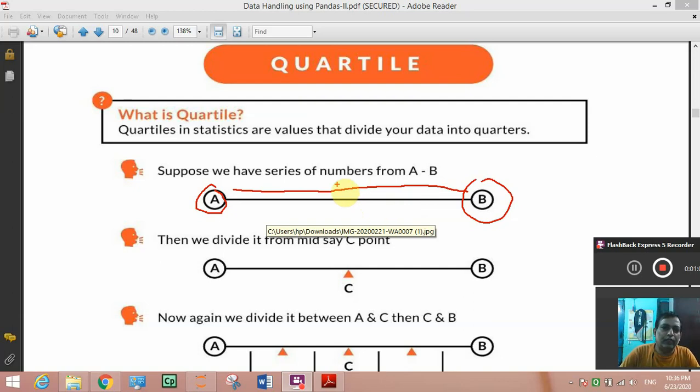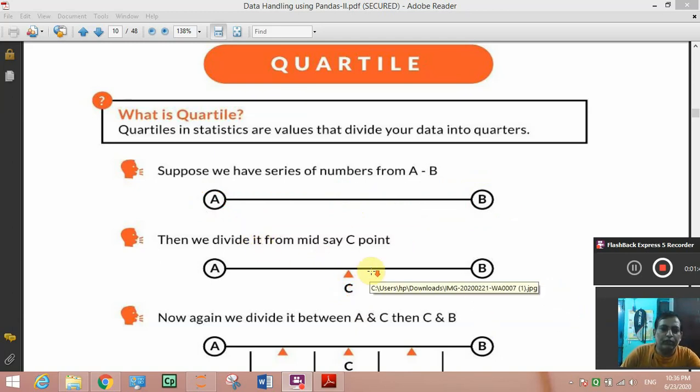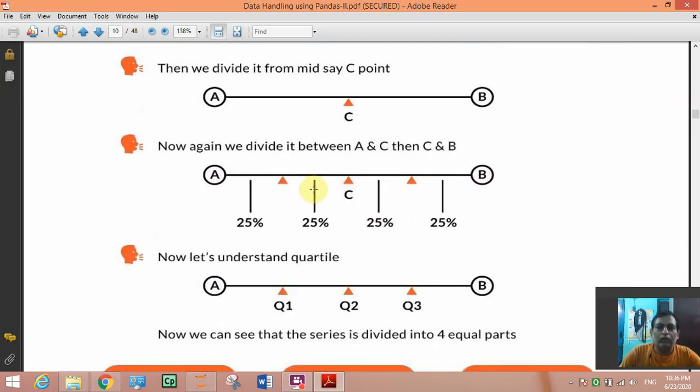So if we divide this data in two parts, then this will be the middle of this data and this will be 50% of data. If we divide this data further, then this will denote 25% of data.